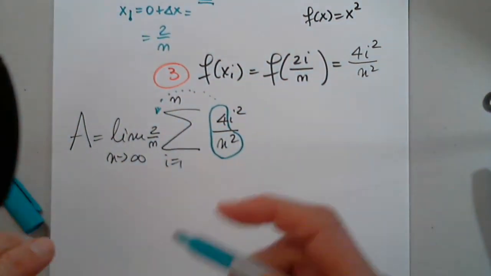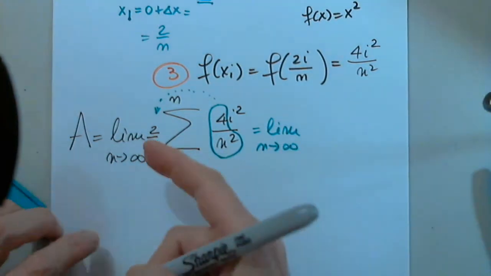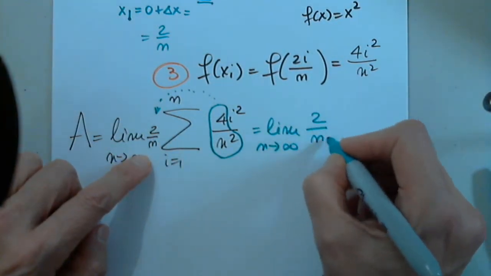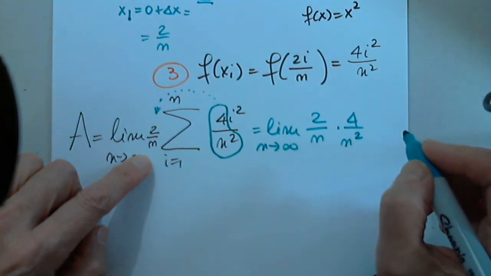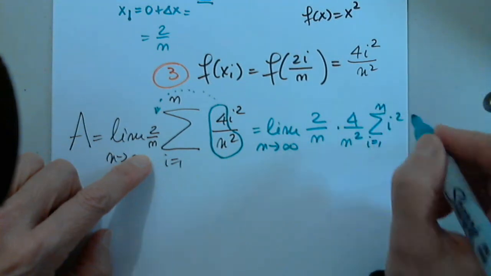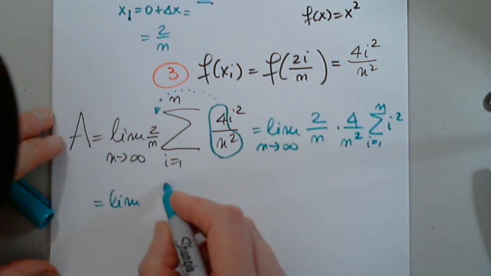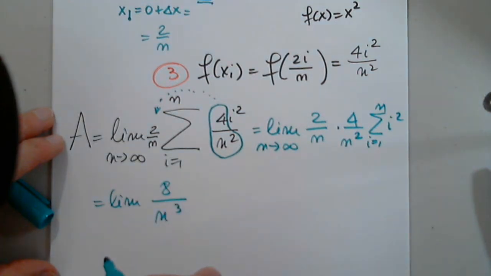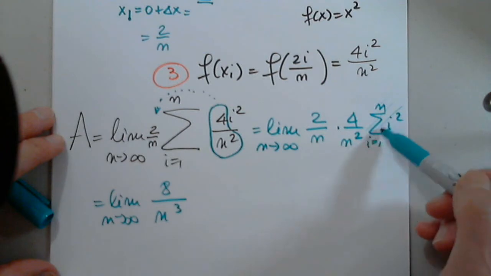Okay, so then we have limit as n approaches infinity from 2 over n times 4 over n squared times the sum of I squared from I equals 1 through n. Or limit 8 over n cubed, n approaches infinity. But I know what this equals to.